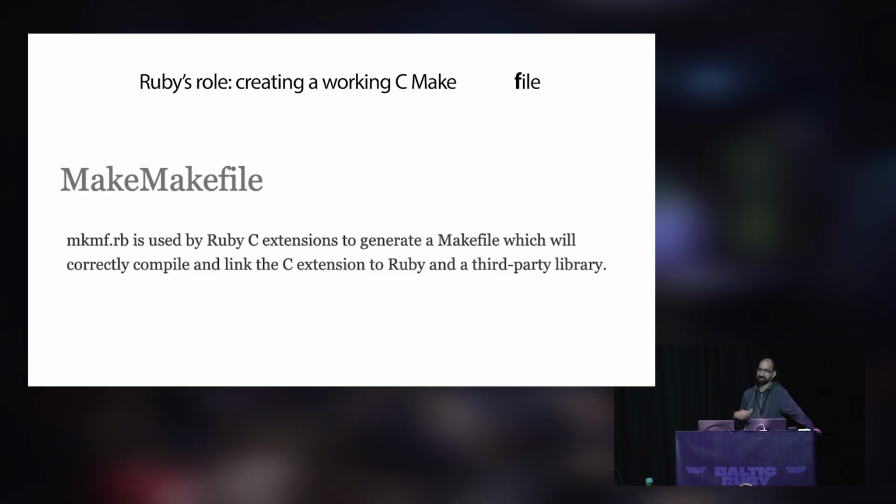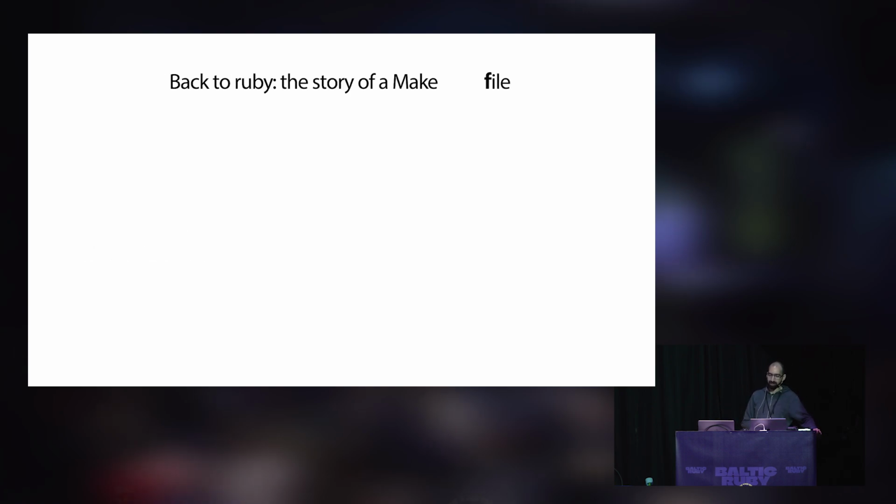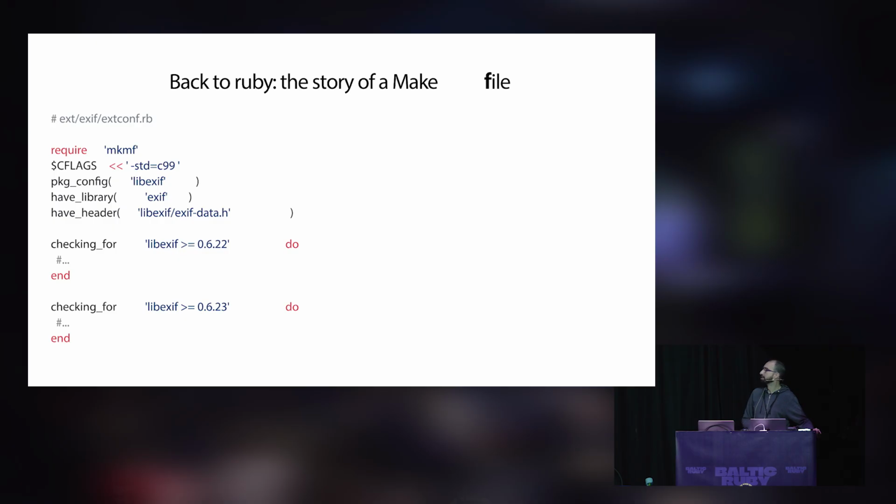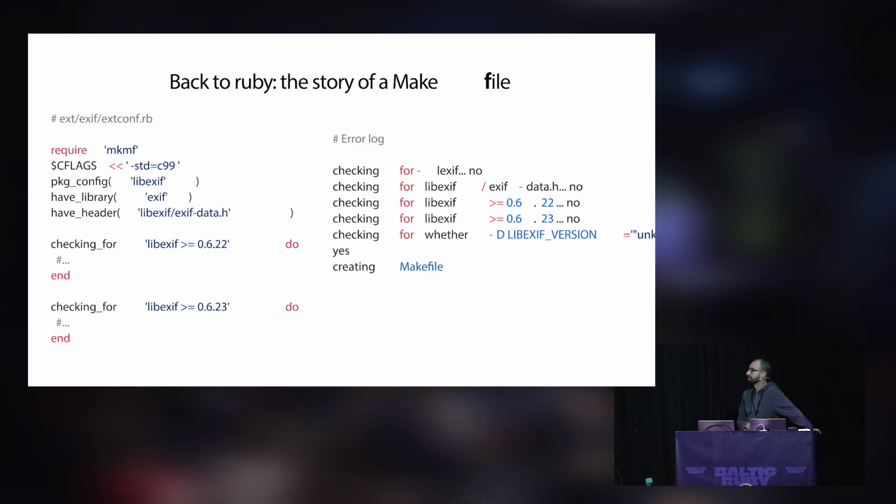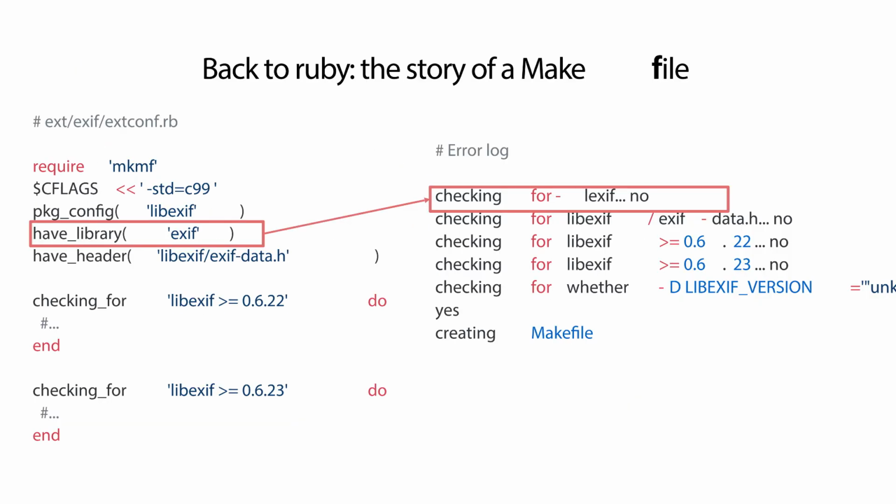It's a DSL, because Ruby loves DSLs, to make Makefiles. So this is what it looks like. It has things like have_library, have_header, checking for, all the expressiveness we love from Ruby. Then I looked at that file, and it looked very familiar. Then I realized this is my error file. This is my log error. You can see a one-to-one match between the extconf.rb and the errors that are output by gem install.